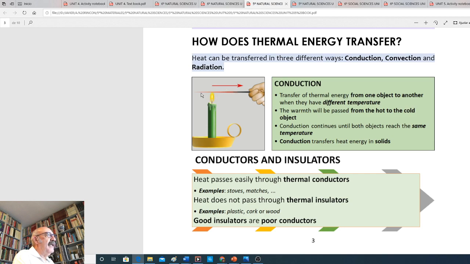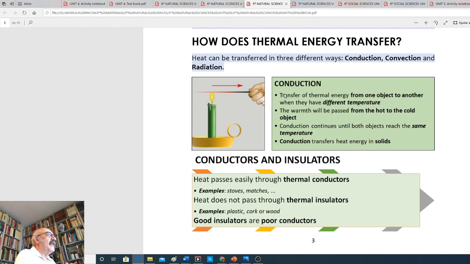This metal stick is transferred by conduction. So the hotter object in contact with another one that is colder transfers its heat energy to the colder one. And you have here the four bullet points that are important in this case.